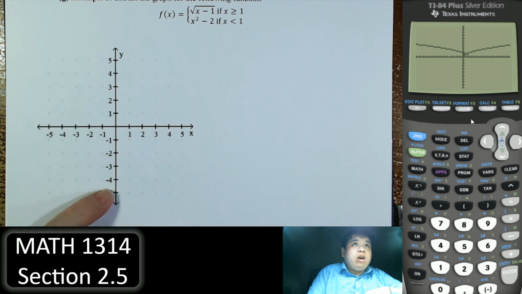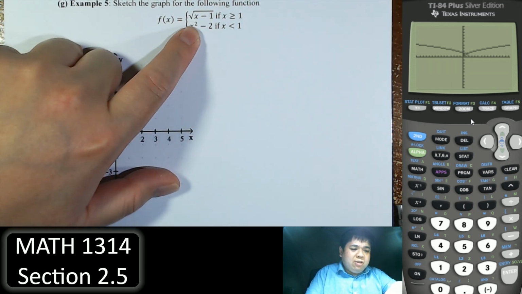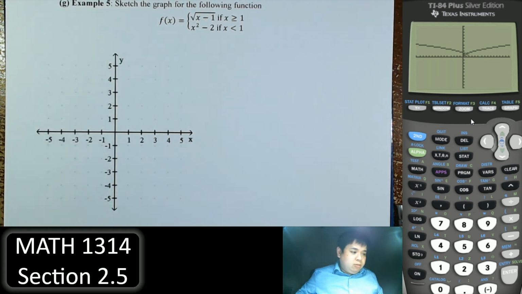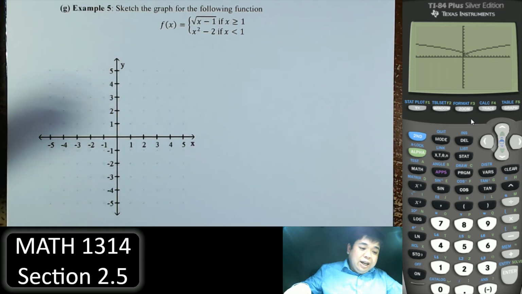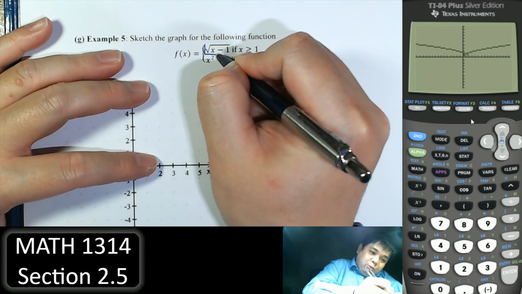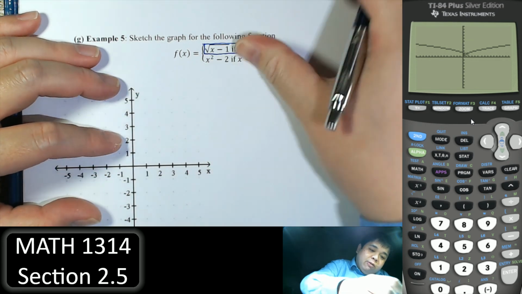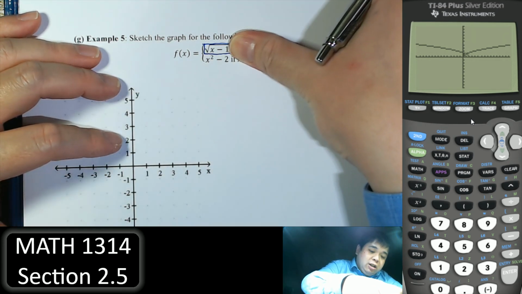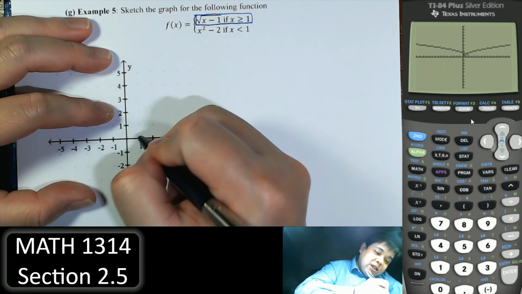Now we have a piecewise function. So basically we're just going to graph that and then graph this, but for the certain condition. Now that we get used to it, I'm just going to say it. For that part, just for the square root of x minus 1, it's just square root of x, 1 unit to the right.